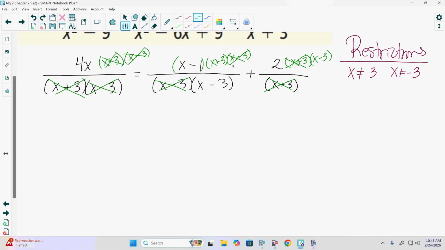Far right, the denominator, there is not one because everything simplified, so the x minus 3 won't simplify. All of our denominators simplified down. We're going to need one more because the middle had two x minus 3s. So we're going to need it twice.